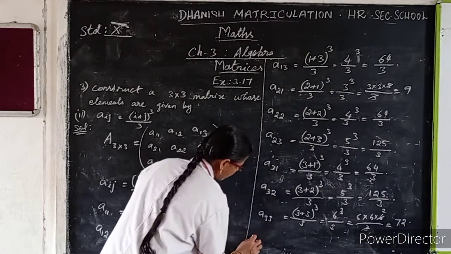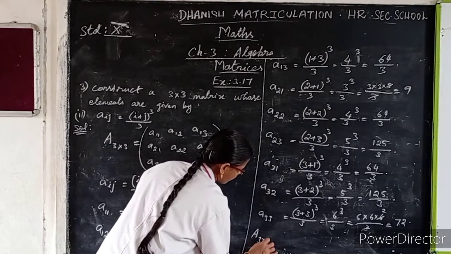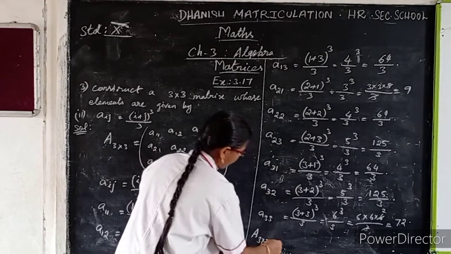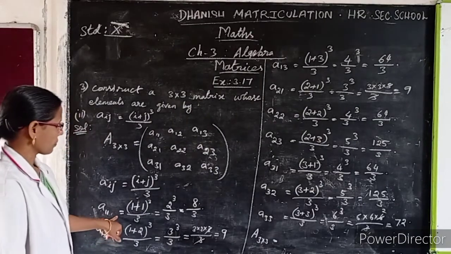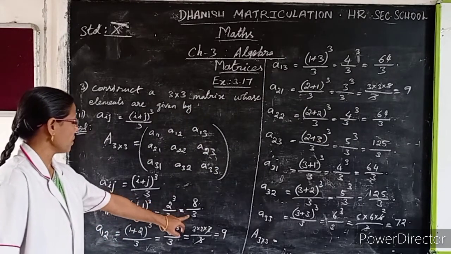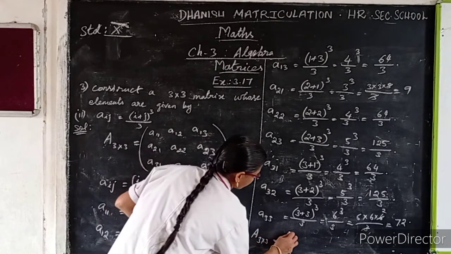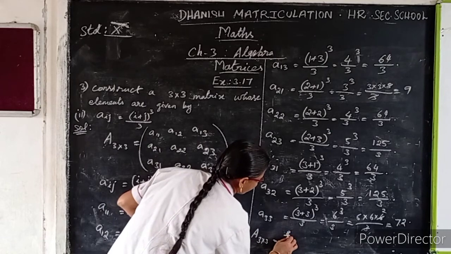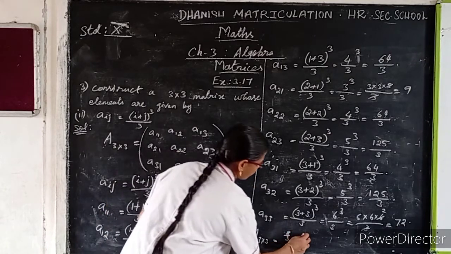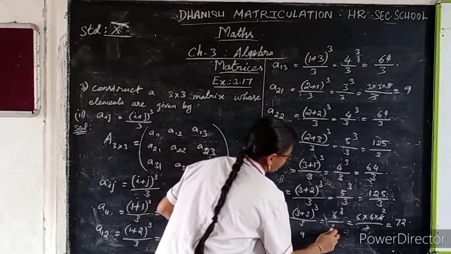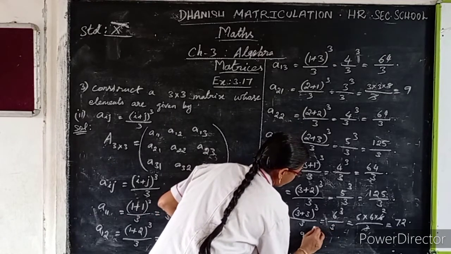So write the 3 by 3 matrix. A11 is 8 by 3, 9, 64 by 3.